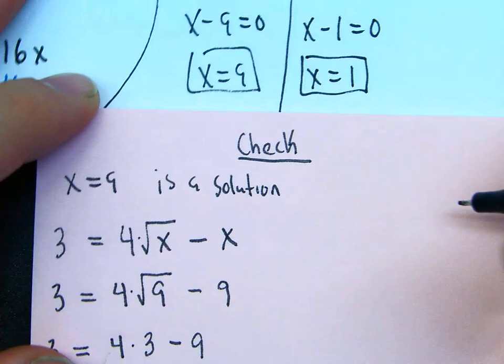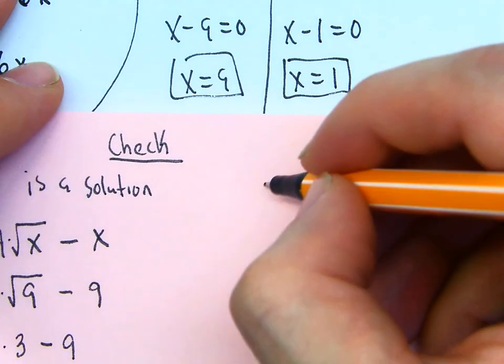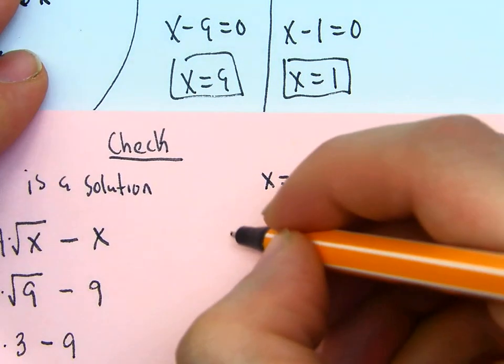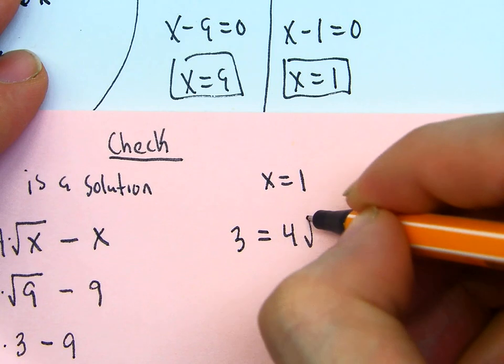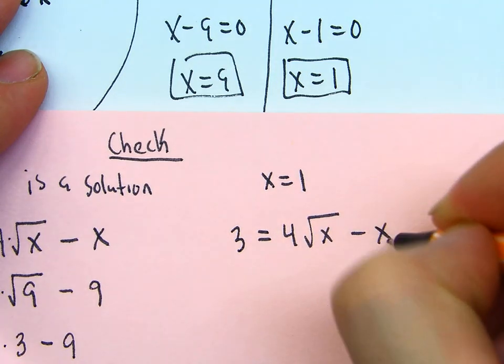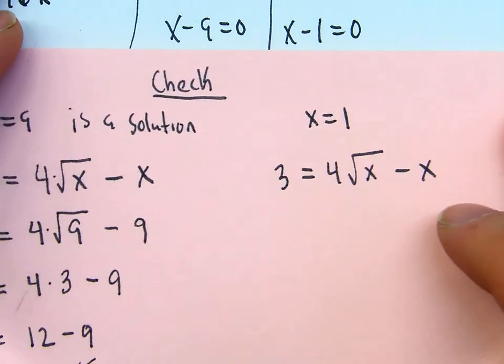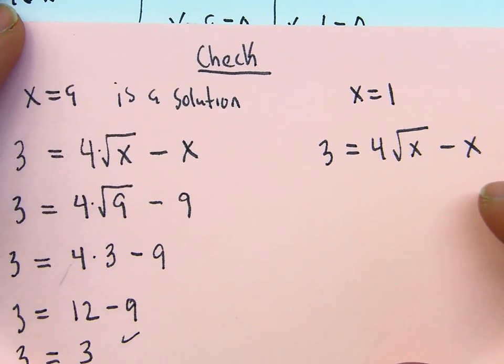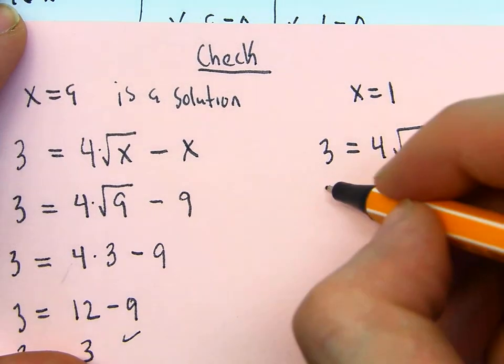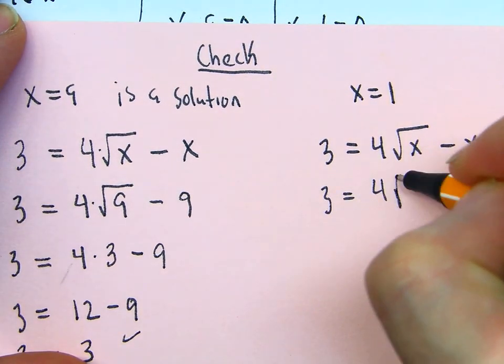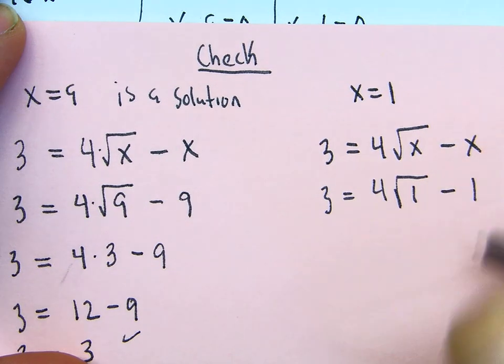Okay, what about the other one? Let's see. If I have x equals 1, and is 3 equal to, okay, so 3 equals 4 radical x minus x, right? So let's plug in 1 and see what happens. So here, 3 is equal to 4 radical 1 minus 1.